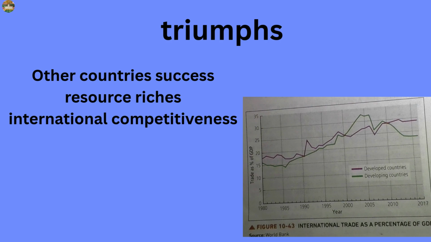Resource riches. Developing countries contain a large amount of raw materials sought by manufacturers and producers in developed countries. Although originally taken by European colonial powers, in the global economy these resources could generate funds towards development.